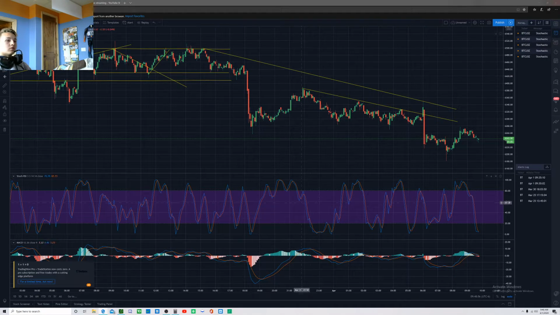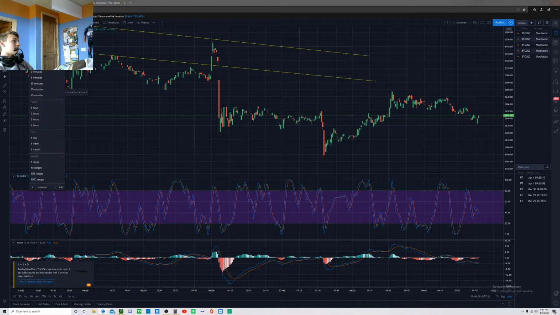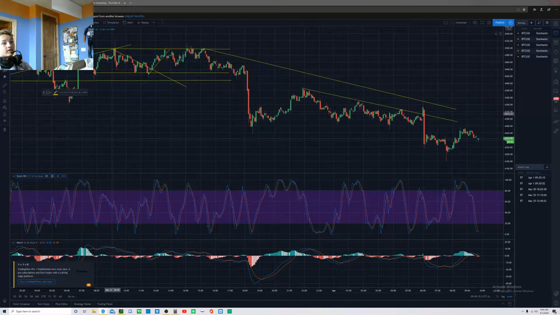Okay, so if this pushes up continually, see, it has a triangle pattern, but it's a descending triangle pattern, so it's going to break down any minute now. And then that's when the buying point is.